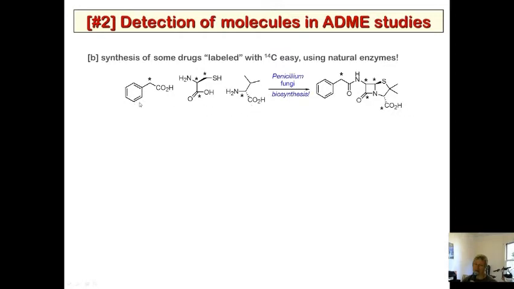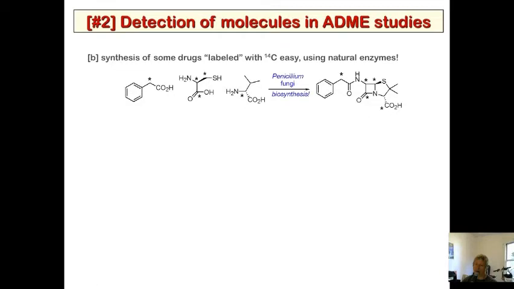We can obtain radioactively labeled phenylacetic acid, radioactively labeled cysteine, and radioactively labeled valine. These three building blocks, when you combine them and feed them into the fungus, will generate penicillin, and that's kind of cool.